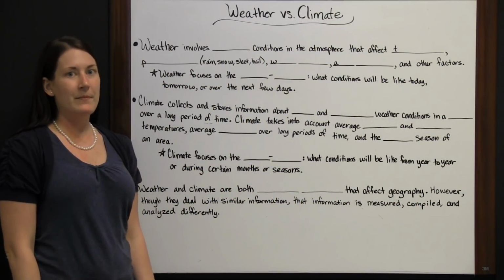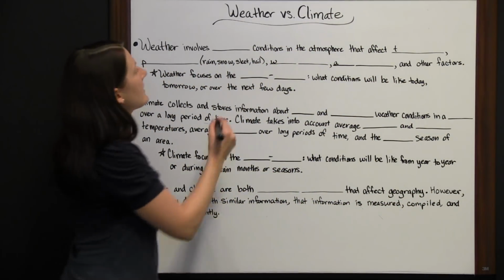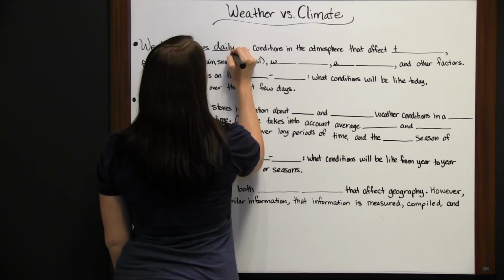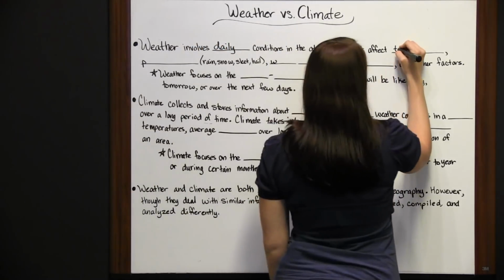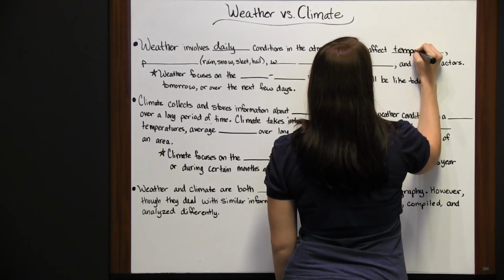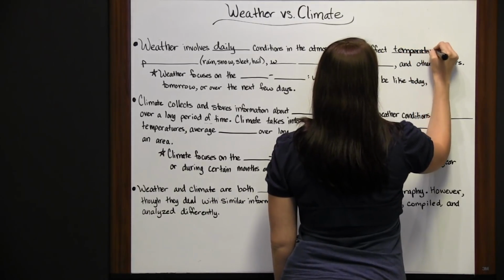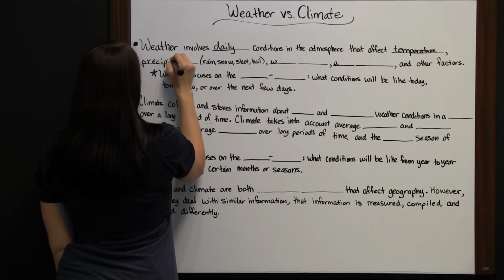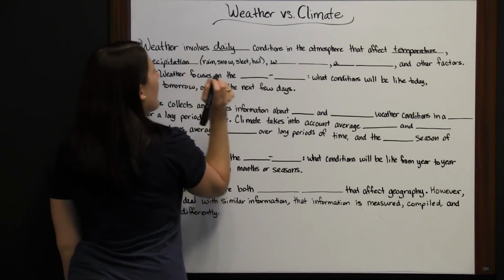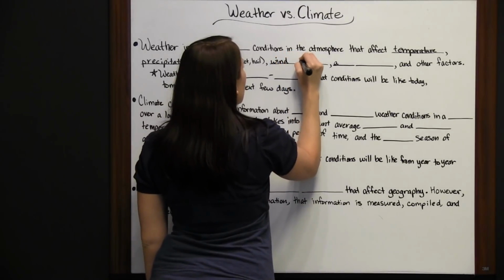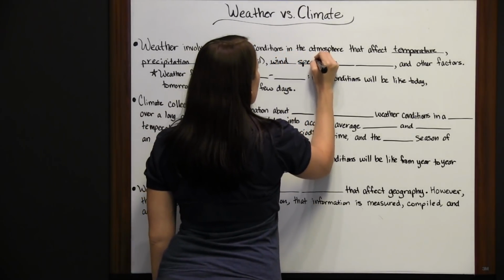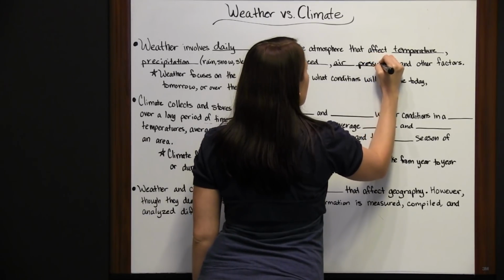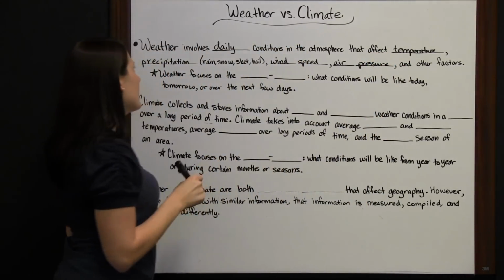Weather versus climate. Weather involves daily conditions in the atmosphere that affect temperature, precipitation, wind speed, air pressure, and other factors.